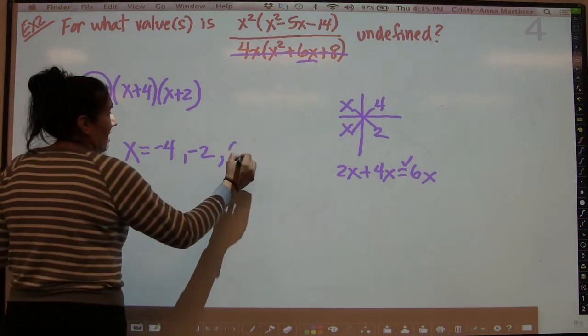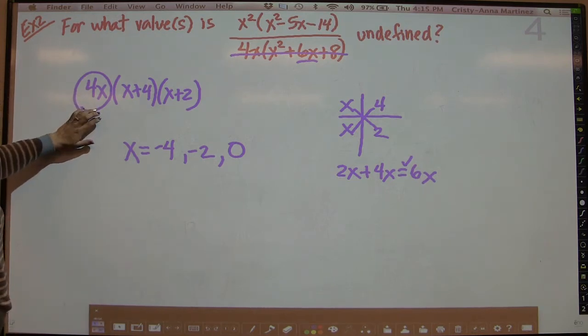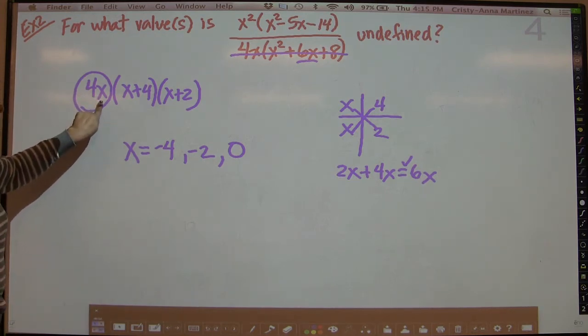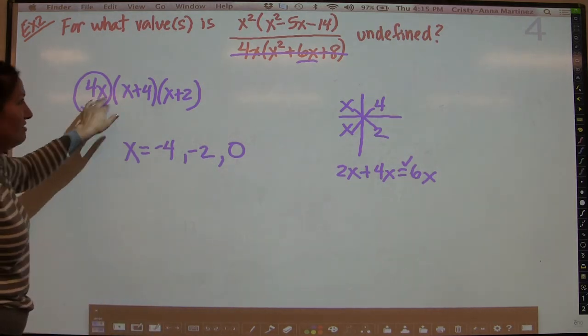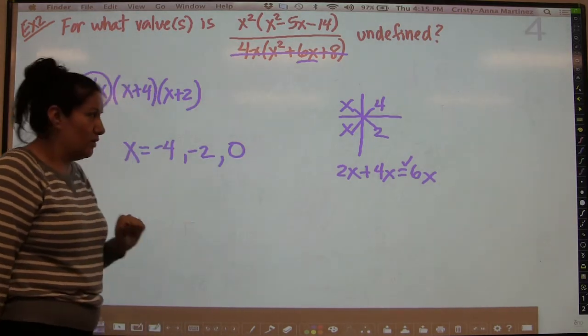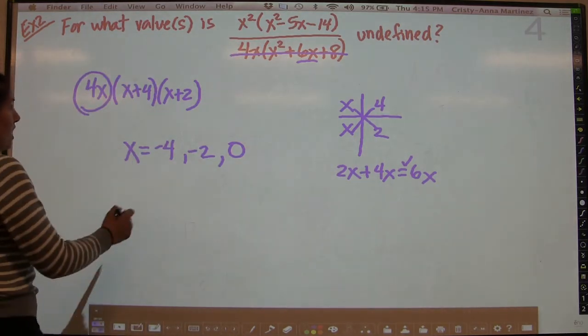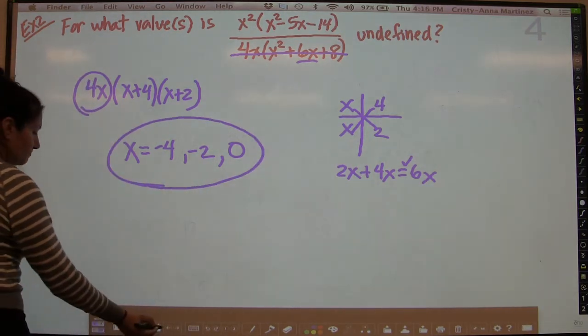And when you have a factor of x, whether it's a 4x, a 10x, a -3x, anytime there's an x factor out here, it means that you're going to have 0 as an option as well. Because if x is 0, then dividing by 0 times anything would be 0, and again, you'd have division by 0. So don't forget about your 0. So you actually have 3 values where the function would be undefined in this case.